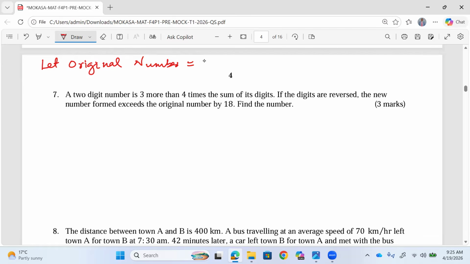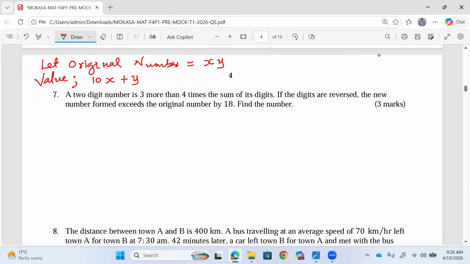So let us let the original number be xy because it's a 2-digit number, meaning that its value shall be: x is at the 10th position, y is at the 1st position. 10x plus y, that is the value of the number. So the 2-digit number is 3 more than 4 times the sum of the digits.